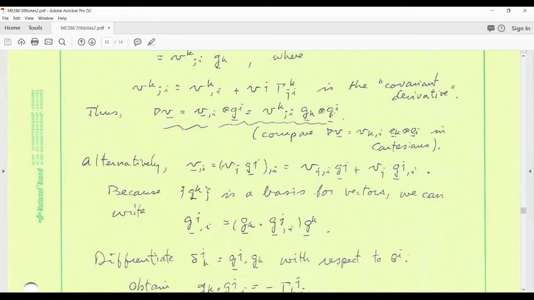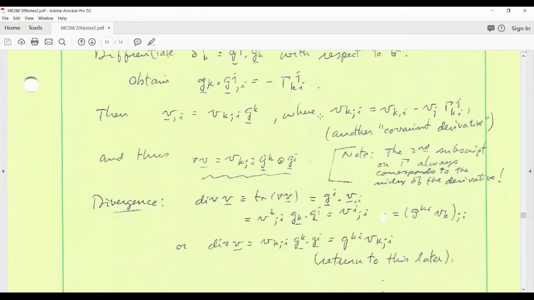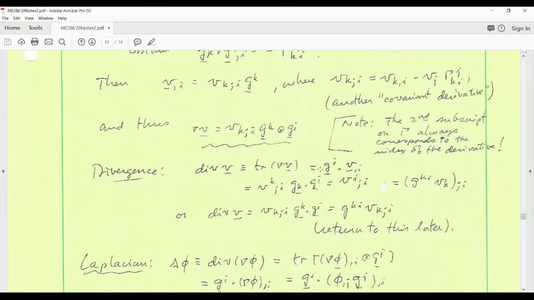The trace operator has the effect of converting the tensor product into a dot product. So we'll have a g super I dot g sub k, which is the Kronecker delta. Sum on k, for example, and we get v super I semicolon I.